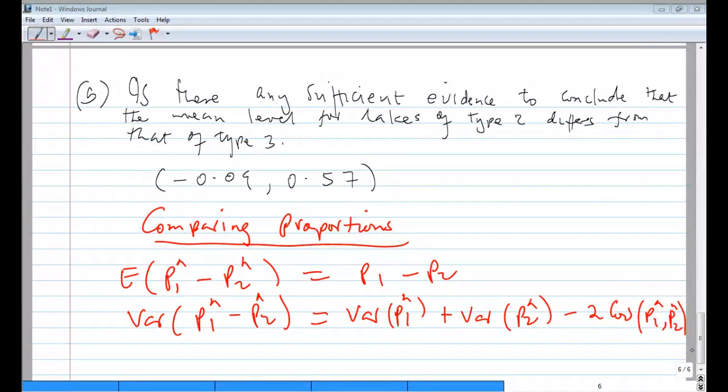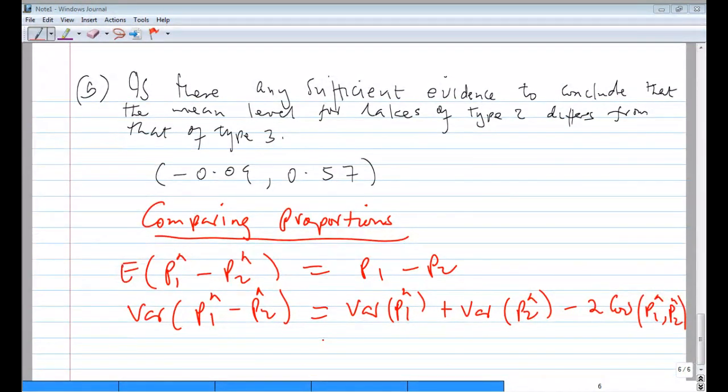It has been proven. In our case, we just want to apply it.